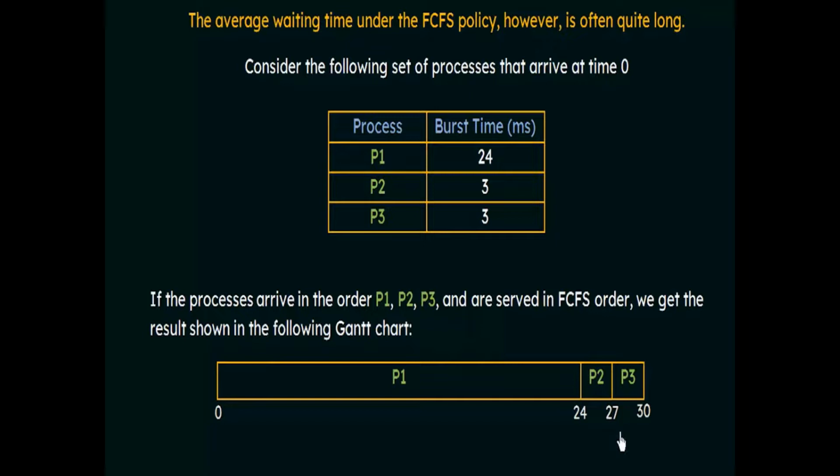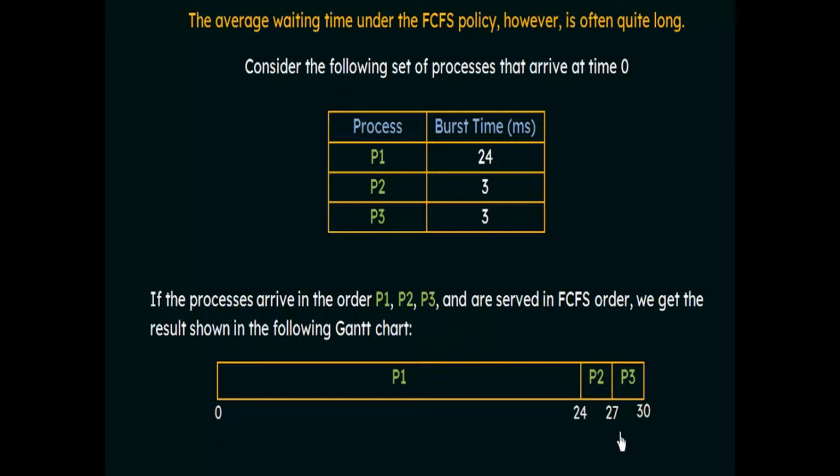As we can see here, the burst time of process P1 is 24 units. So P2 has to wait for 24 units of time to execute. Right? P1 comes and the CPU is allocated to P1, but P2 has to wait for 24 units of time. The burst time of P2 is 3 units, so it executes from 24 to 27 units of time.